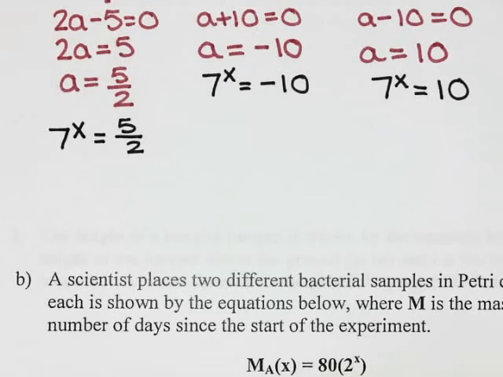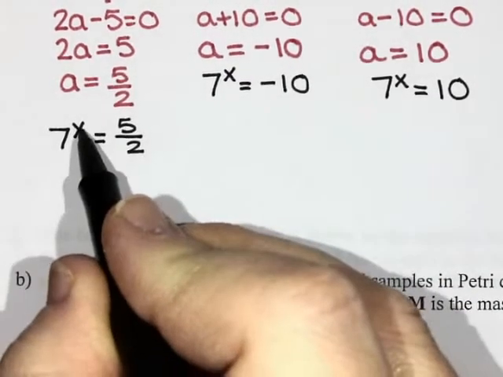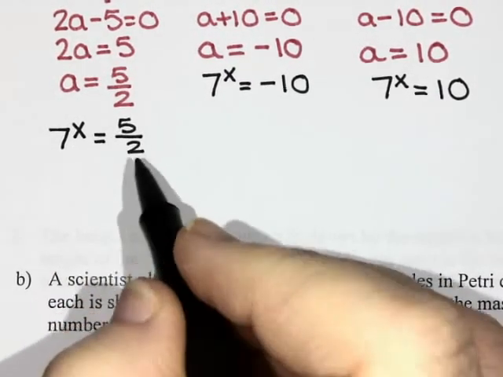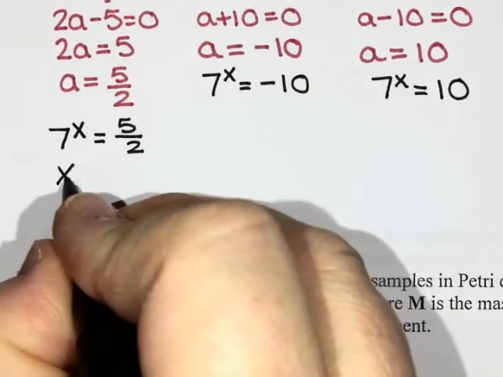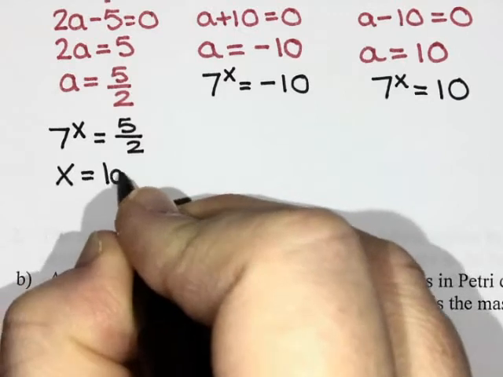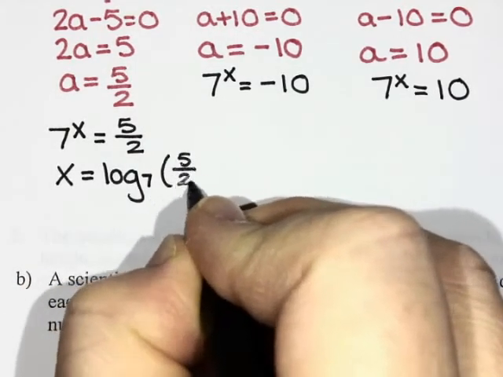So the inverse of a power with a certain base is to do a log with that base. So if I have 7 to the power of x equals 5 over 2, I'm going to take that 7 to the other side by doing the inverse, which is a log base 7 of 5 over 2.